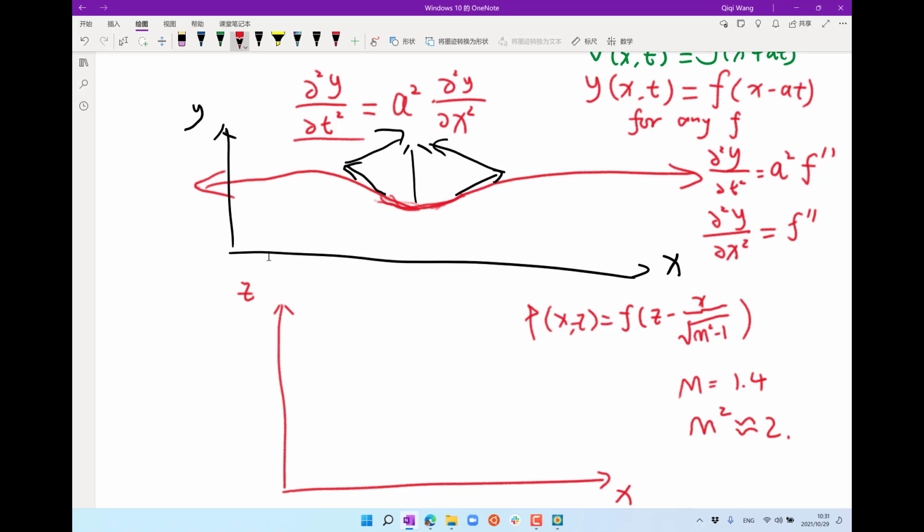What values of x and z guarantee that this is of the same value? Okay, let's say when you're at the origin, right? X is equal to z equal to 0. Okay, you have f of 0. What other values of x and z would you get the same value, f of 0? A straight line, right? So if this guy is about 1, then x equal to 1, z equal to 1 would guarantee that z minus x is equal to 0, right? So you also get the same value as x and z equal to 0.